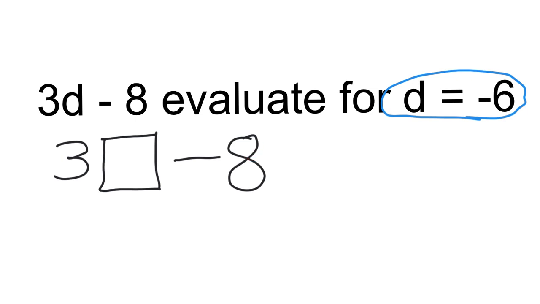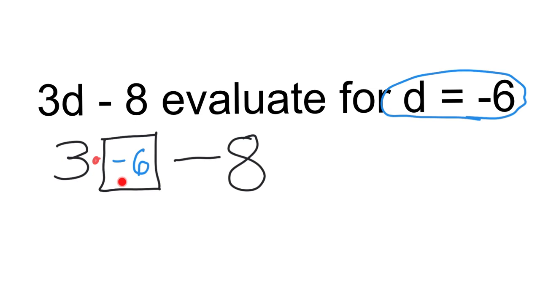I'm going to grab this negative 6 and substitute it in the spot where the variable was. So I'm going to write negative 6 right here. I highly encourage you to do this on assignments and quizzes and tests. If you do this, you will remember to have that value, even if it has a negative, right there.